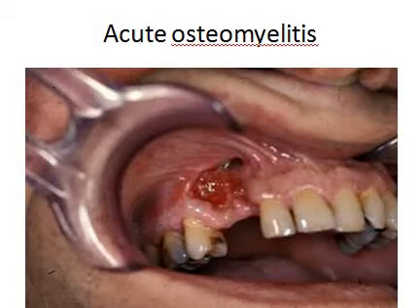In general, body temperature rises to 39-40 Celsius. The acute phase of osteomyelitis is attended by neutrophilia with the appearance of new forms of neutrophilic leukocytes.